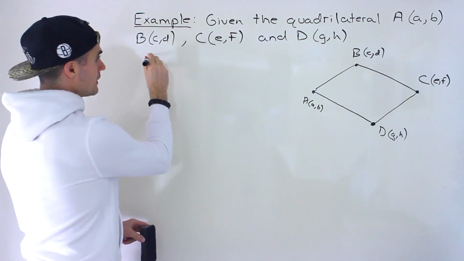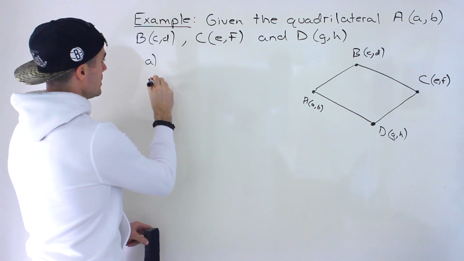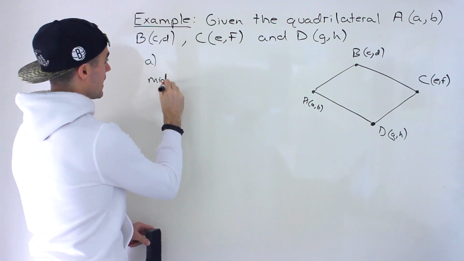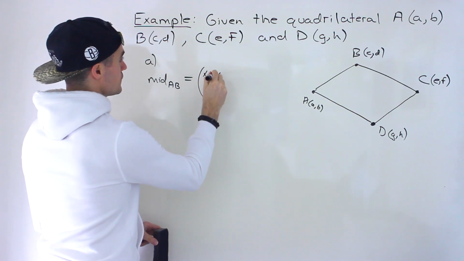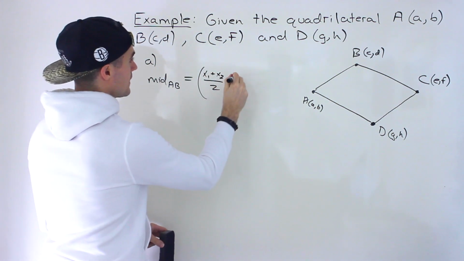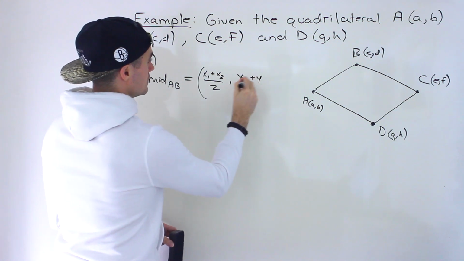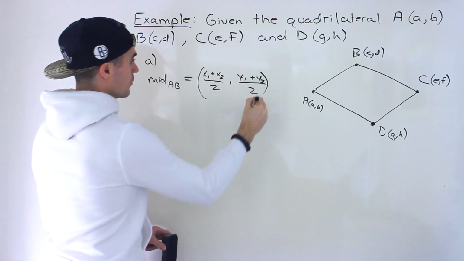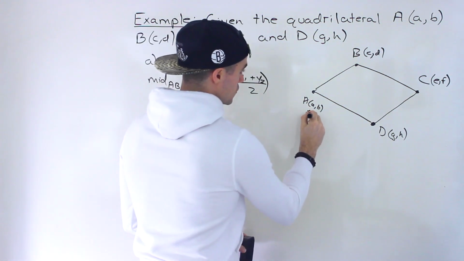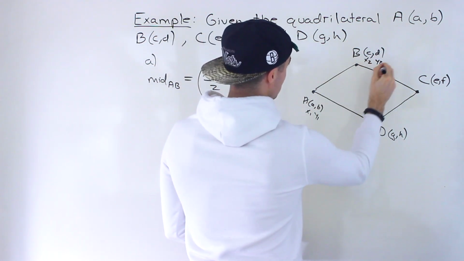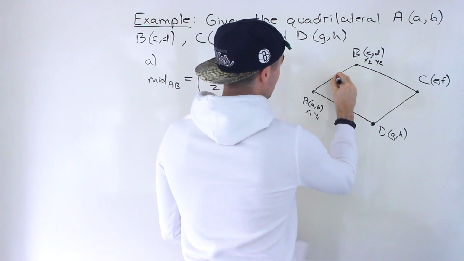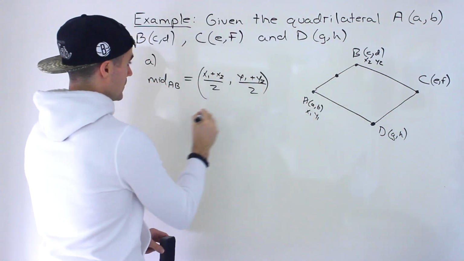Let's start off with the midpoint of side AB. Midpoint formula, just as a review, it's the average of the x values, the average of the y values. So I'm going to label this x1, y1, and then I'll label this x2, y2. So what we're finding is that midpoint over there.